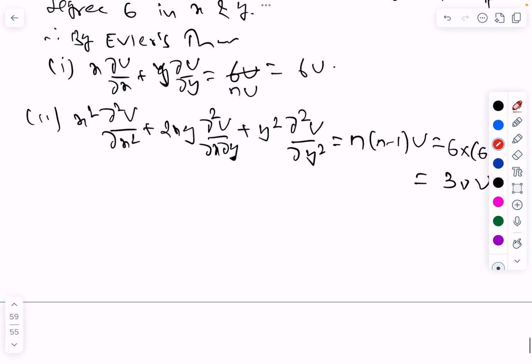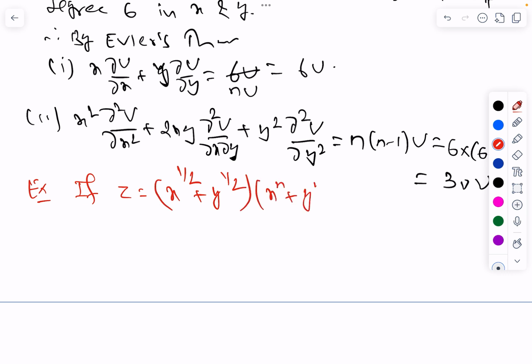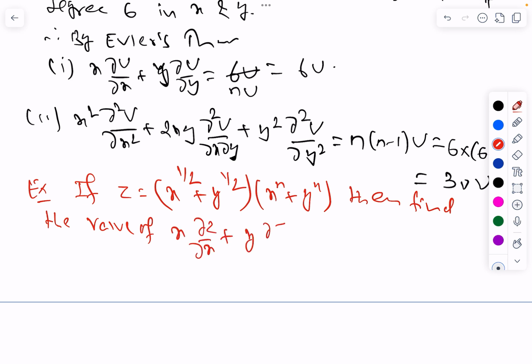Let us take one more example. If z equal to (x^(1/2) + y^(1/2)) into (xⁿ + yⁿ), then find the value of x ∂z/∂x plus y ∂z/∂y.